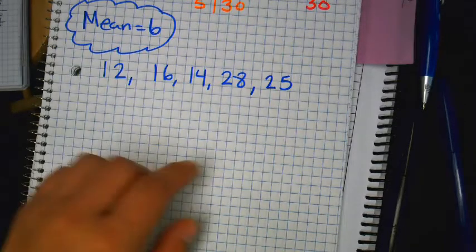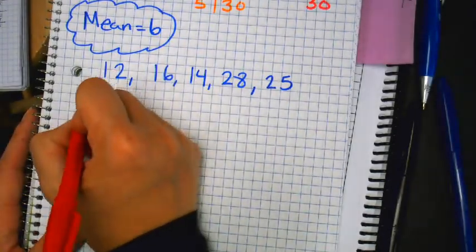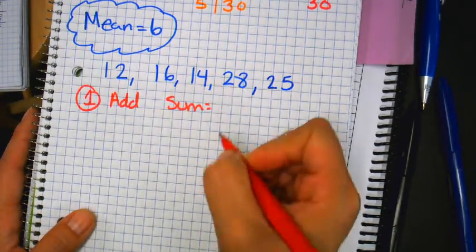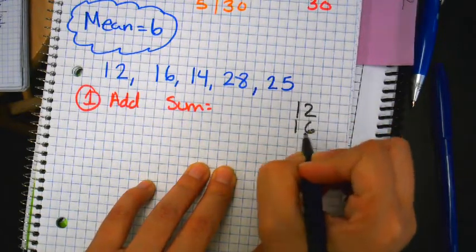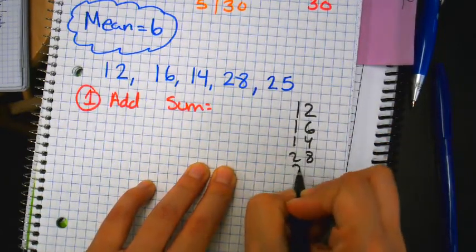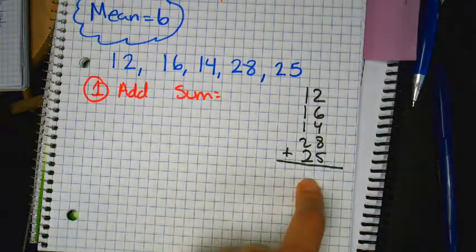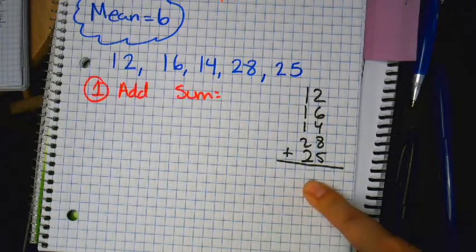So Raphael, the first step I want you to do is to add these numbers. First step, add. Find me the sum, without using a calculator. Let's use our fingers to add this.